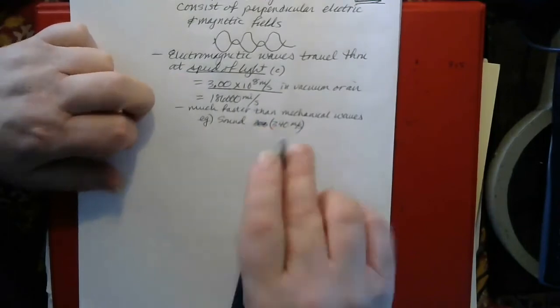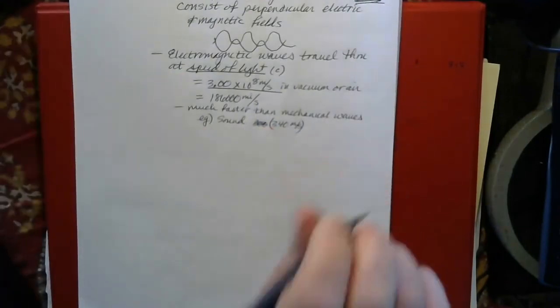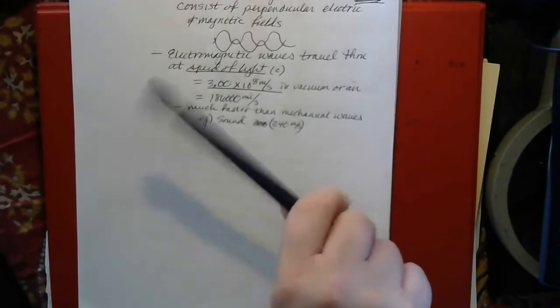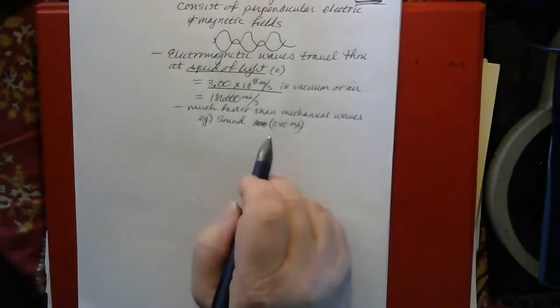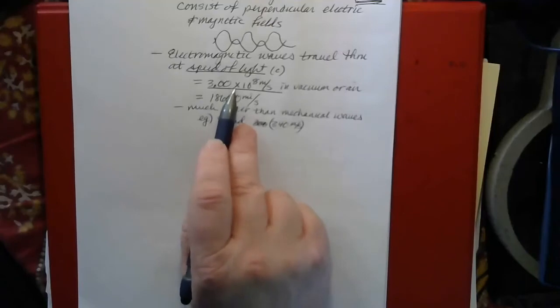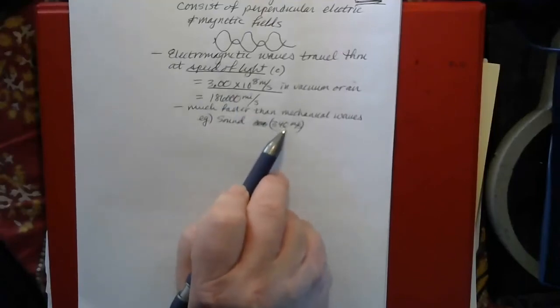And that's what's responsible for the delay between seeing something and hearing something when it happens at a distance. The delay between, say, lightning and thunder is a manifestation of the difference between the speed of light and the speed of sound.